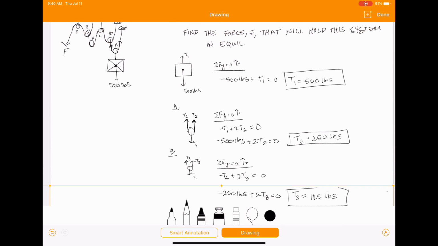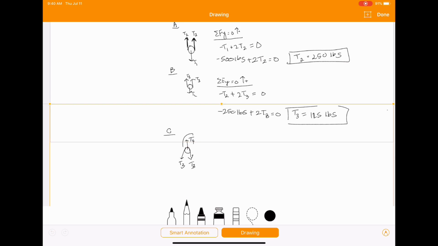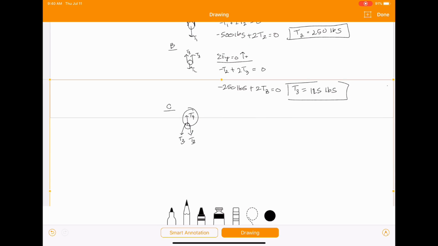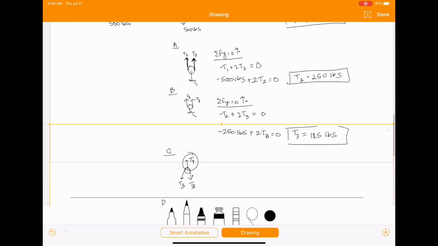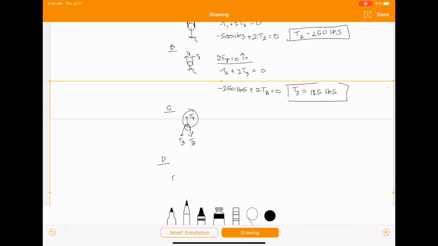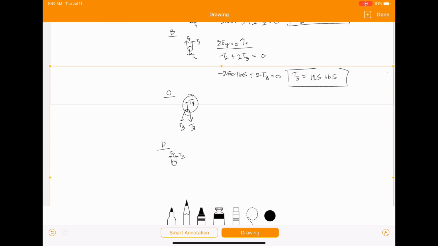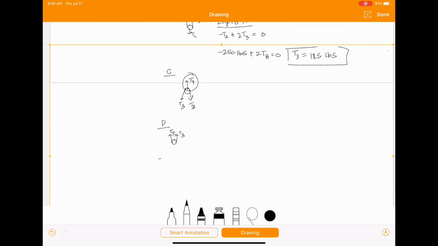And because our question is just asking for the force F, we don't need to find this reaction force here, so we can go ahead and just move on to the next pulley, pulley D, because we already know what T3 is. So again, we're gonna have T3 holding that up, and that's already known. So we can go ahead and move on to pulley E.